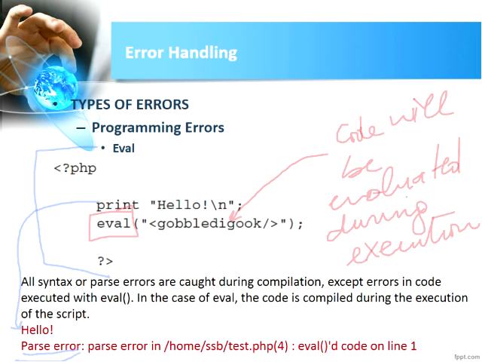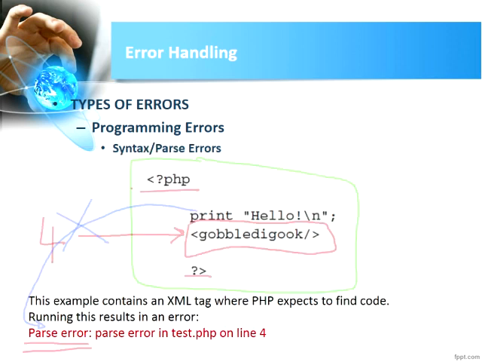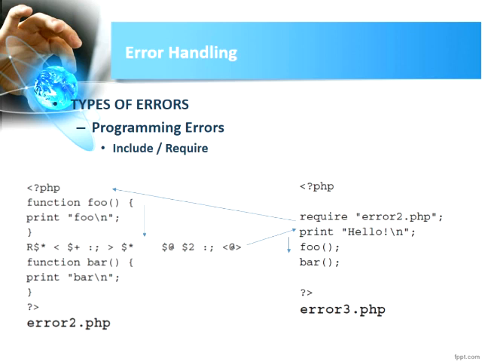So if we don't write eval, in this case we will find the error directly in the compilation. Yes, eval is used to parse and execute code at runtime.